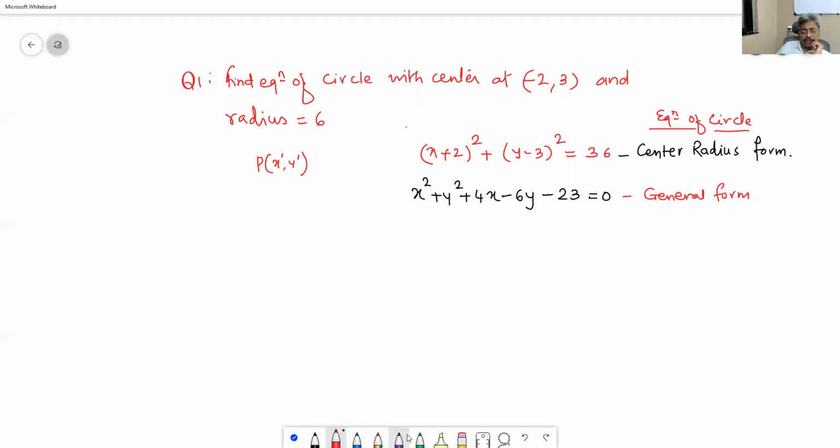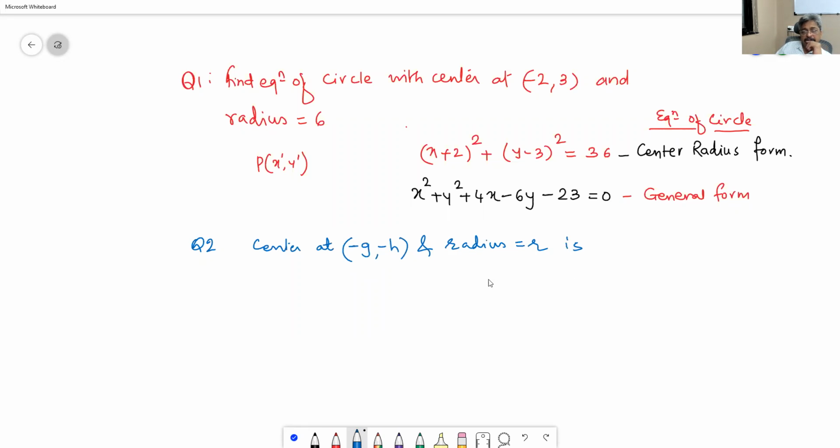So question: find the equation of a circle with center at minus g comma minus h and radius equal to r.